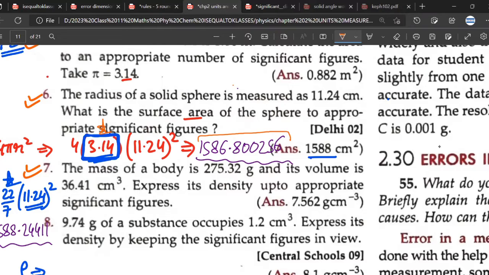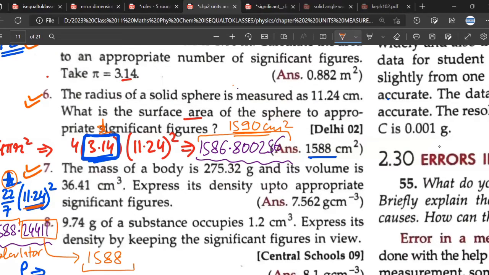So my answer will have to be 1590 centimeter square. Avantika, is it making sense? Yeah. But if I take the value of pi to be 22 by 7, then as per calculator, this is my answer. But I understand that the number of significant digits have to be 4. Now, if the digits are 4, then 1588 should be the final answer, because then I can round off this. Avantika, is it making sense?